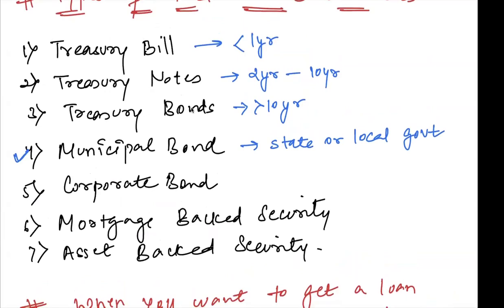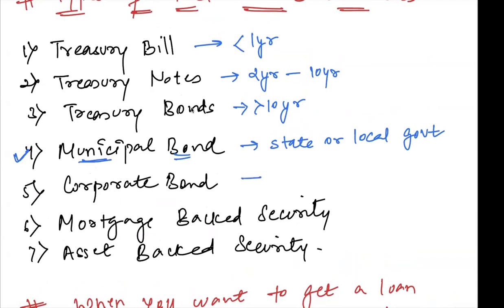The answer is, if there are infrastructure projects, like developing a government school or a government hospital, they want money. So they'll issue a municipal bond.